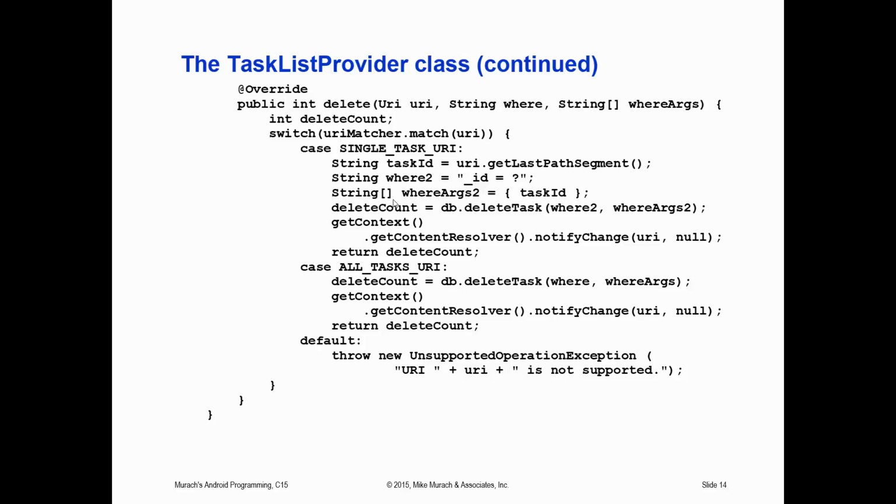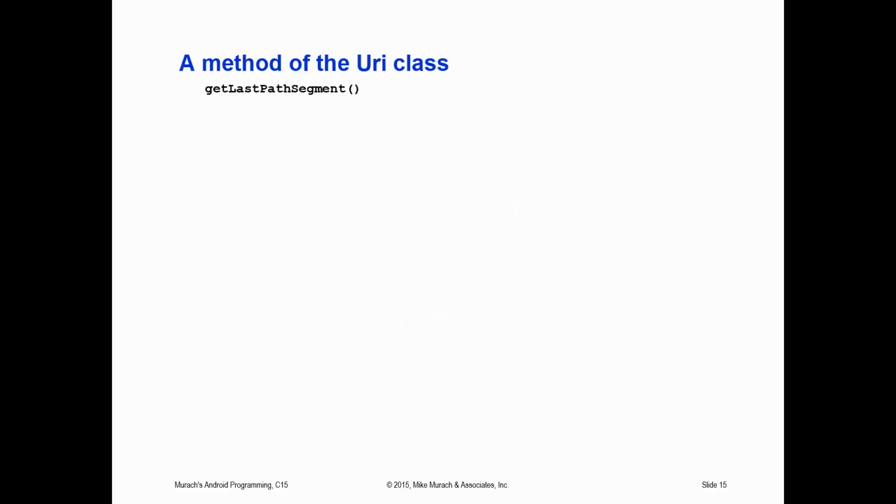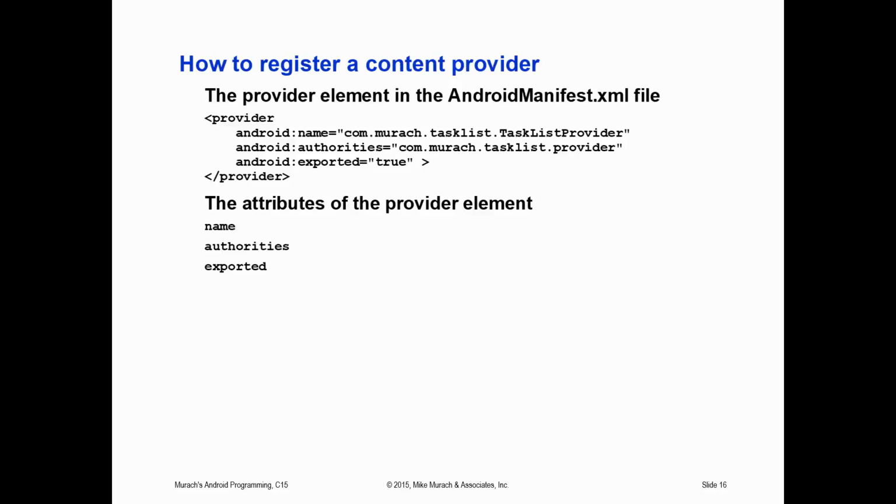All right, so how do you register a content provider? After you create the class for a content provider, you need to register the provider as described in figure 15.7 on pages 480 and 481.